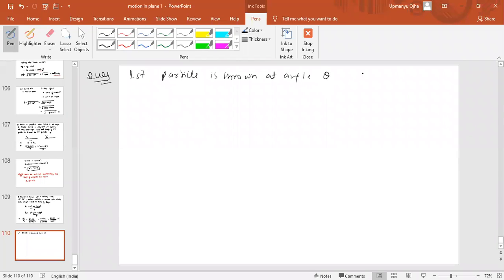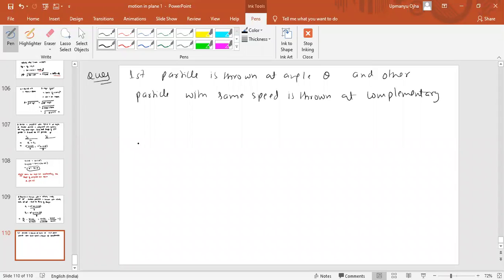The other particle, with the same speed, is thrown at a complementary angle. So the first particle is thrown at an angle of theta, and the other particle is thrown at a complementary angle.